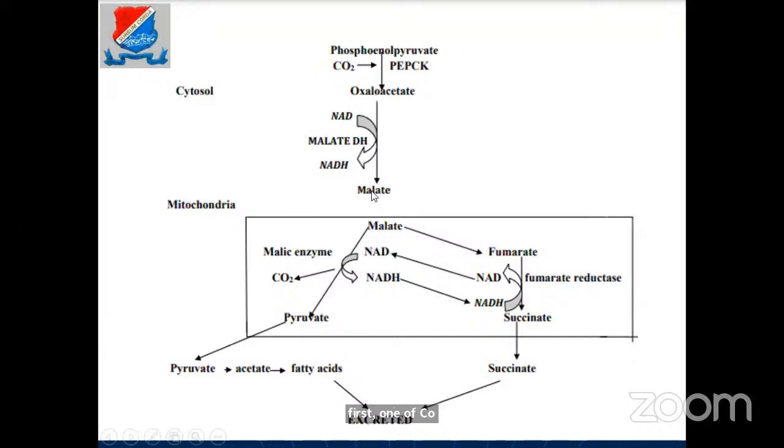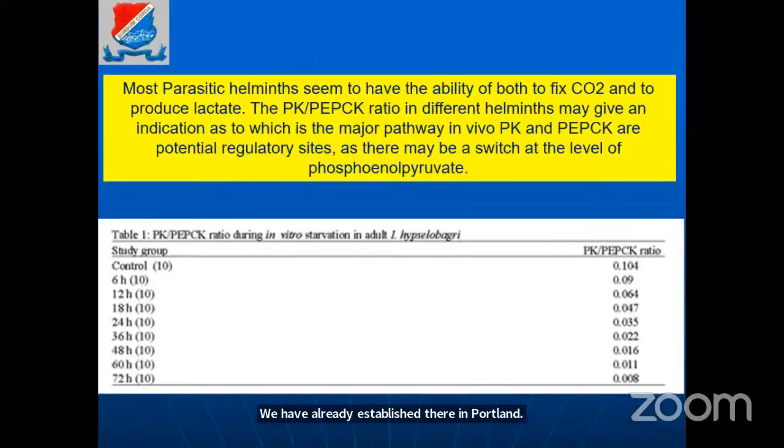End products malate, pyruvate, and lactate we find there. In most parasitic helminths the PK-PEPCK ratio is between 0.1 and 0.008. In the fresh parasite this ratio is 0.104, and after 72 hours we find 0.008.